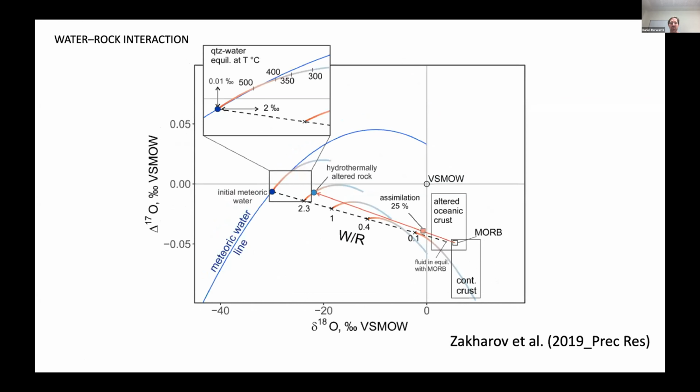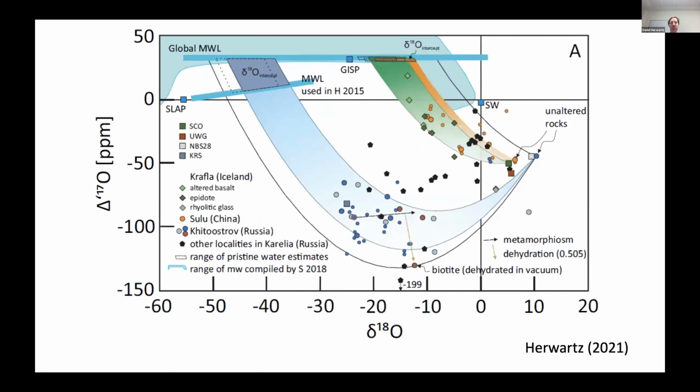One other explanation could be that the temperature of the water-rock interaction changed. So if you change the temperature of water-rock interaction, you move your hydrothermally altered rock along this way. And of course, you can also change the water-rock ratio to induce some scatter here. But I think it's mainly due to variations in the meteoric water.